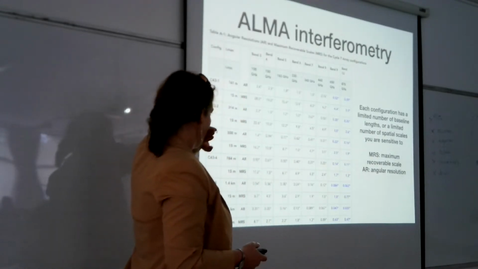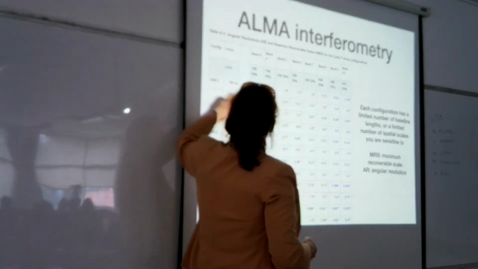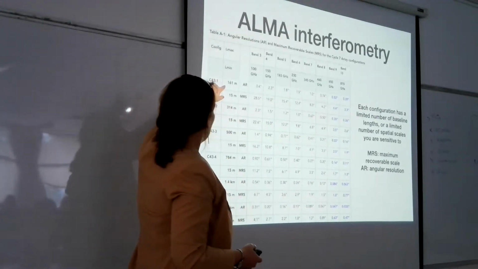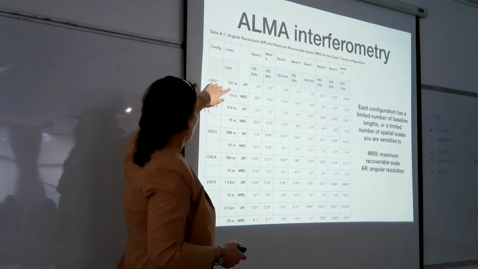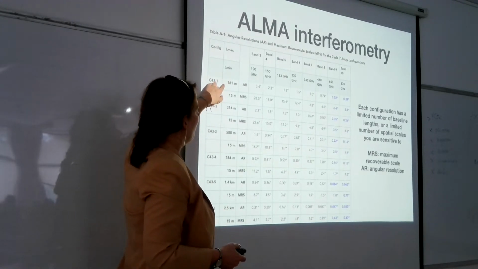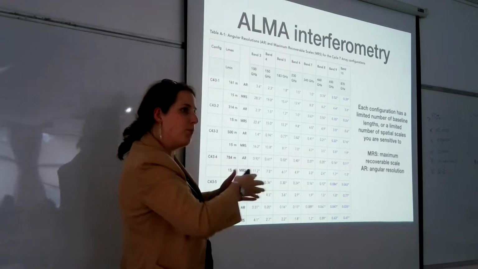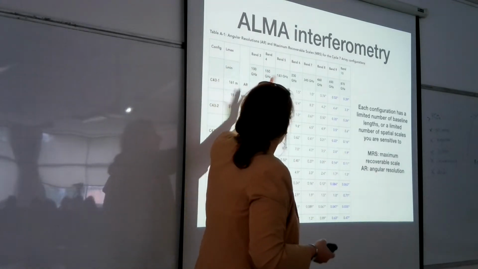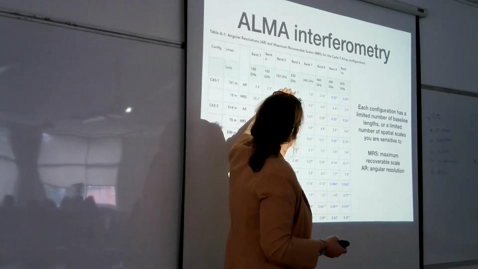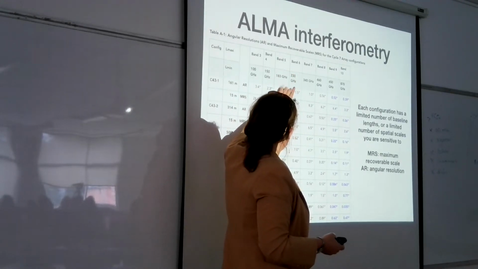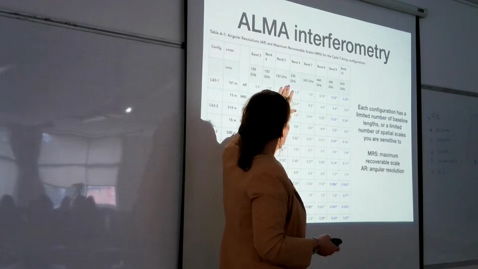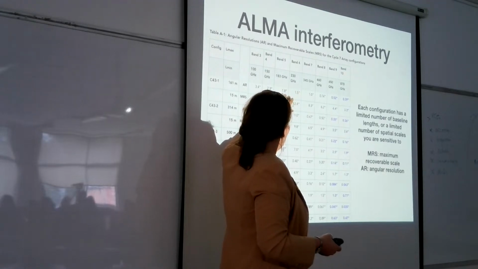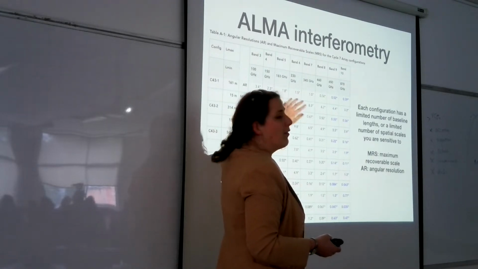So say that we, so these are the baselines ranging from, in configuration 1, 15 meters to 160 meters. These are the range of baselines, and it means that, let's say at band 6, we can observe something with a resolution of 1.5 arcsecond, but the maximum scale that we cover is 12 arcseconds.